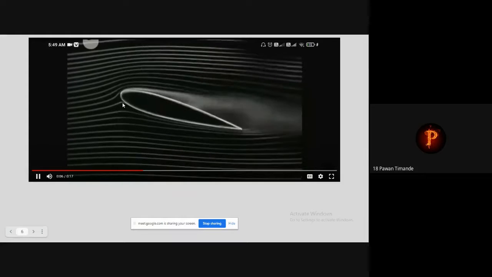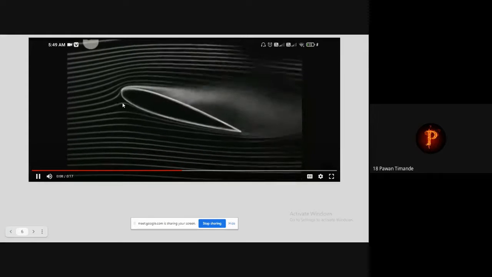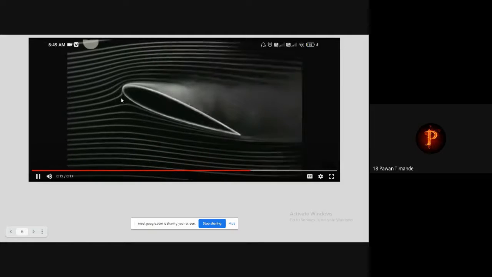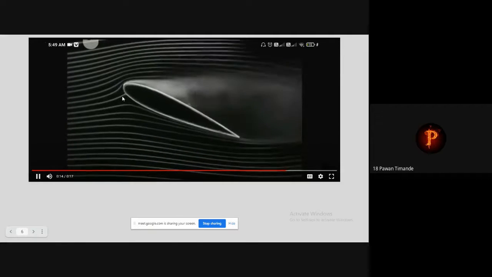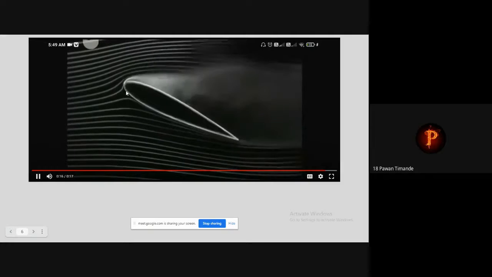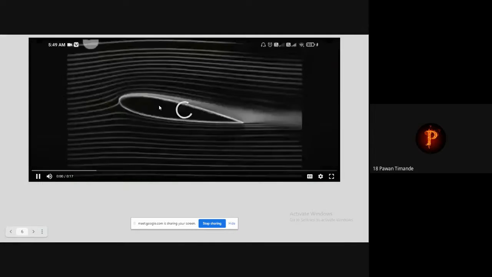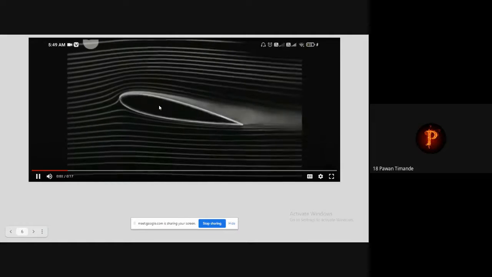The angle at which the air strikes the airfoil shape is called the angle of attack. If we increase the angle of attack, then we generate more lift.